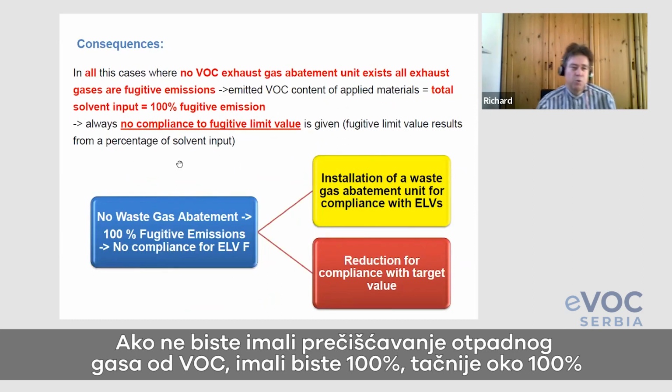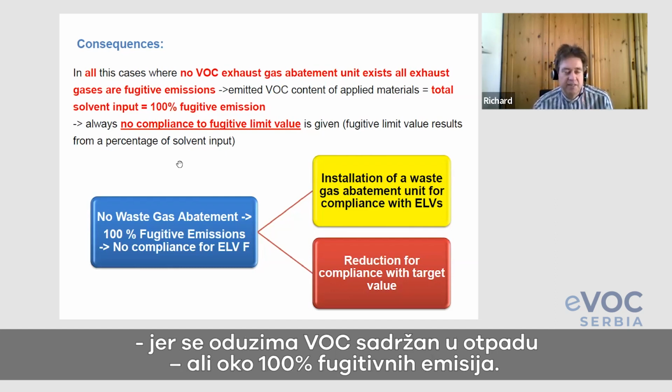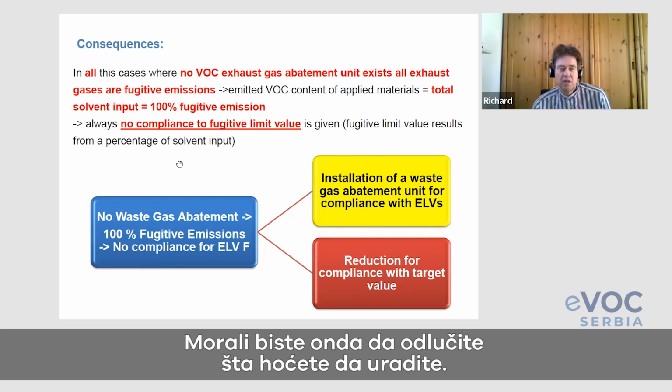But what does it mean? If you would have no waste gas abatement, you would have around 100%, if we neglect now the VOC in the contained waste, but you would have around 100% fugitive emissions. So you must decide what to do.